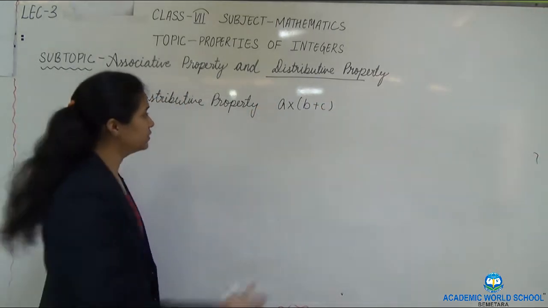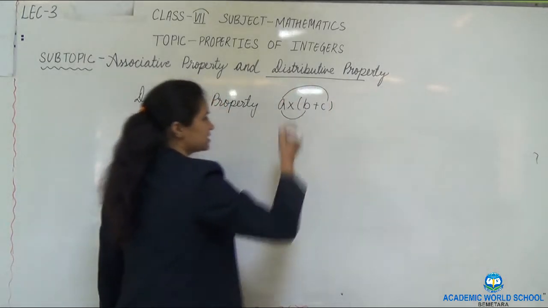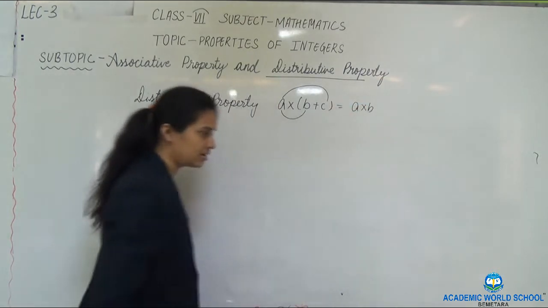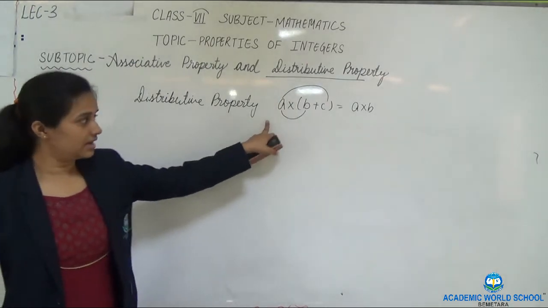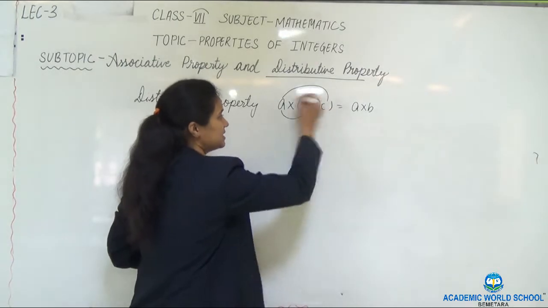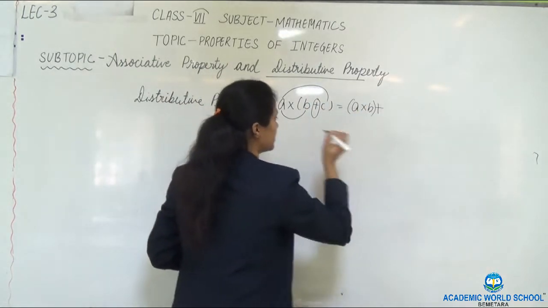Now we are going to distribute A with B and A with C. So the product answer will be A × B, as I have distributed A with B and I have distributed A with C as well. There is a sign in between, that is plus sign. So we will put plus over here.